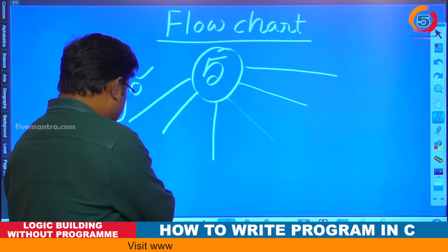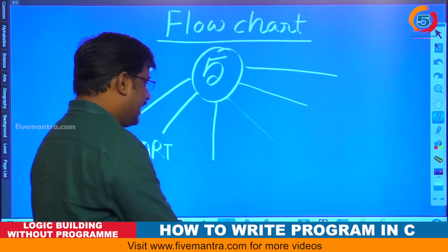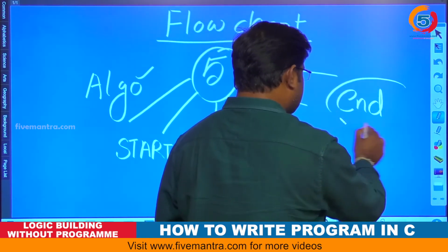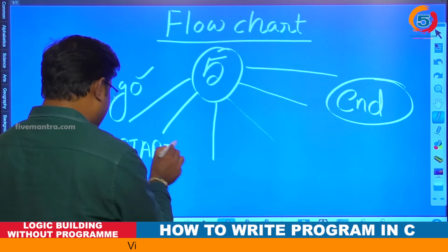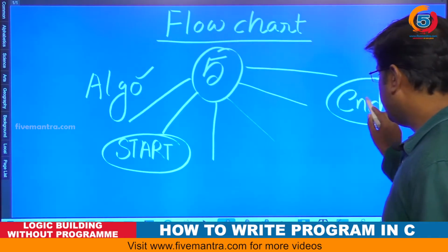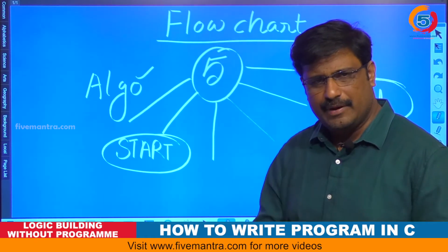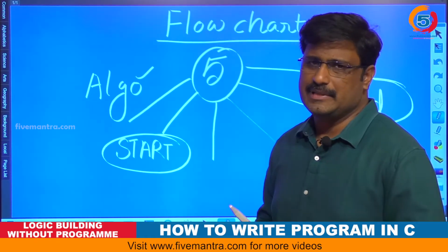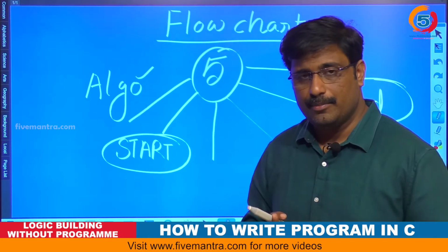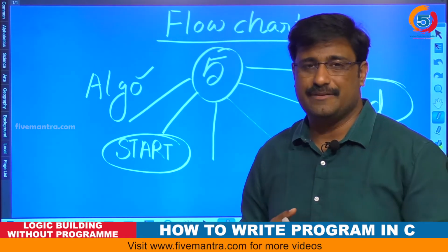The first one is start, and the last one is end. This is the symbol for that, like an ellipse. One symbol represents the start and the end. In any application, any problem, only one start and one end will be there. In between you will do the different tasks.